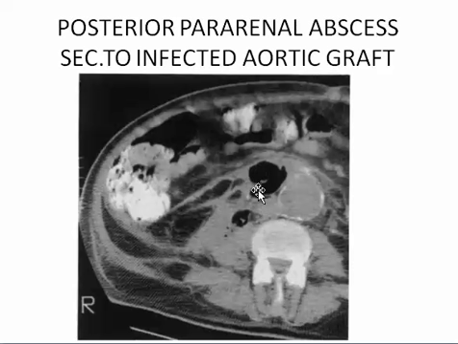So this is an infected, leaking aortic aneurysm. This is the aortic aneurysm, and this was a hematoma which is now infected and extending into the right posterior pararenal space. This is the site where Gerota's fascia, and further up you will find the kidney.